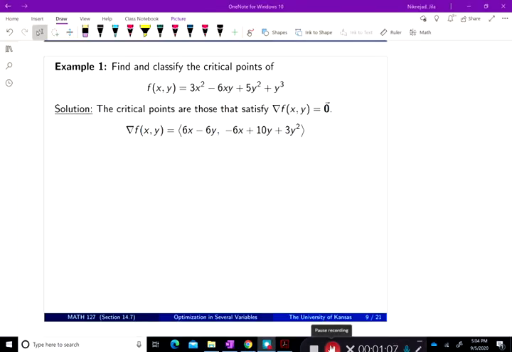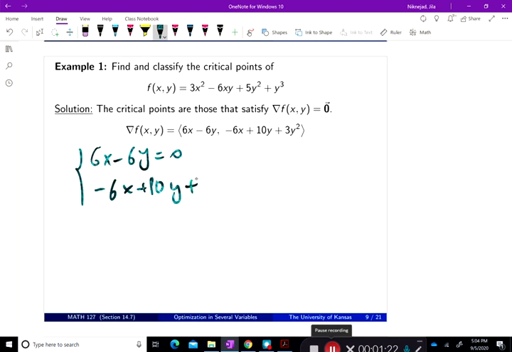Now that you know the gradient, the next step is to set each component, the partial with respect to x equal to 0, and the partial with respect to y equal to 0. Over here what you get is x is equal to y, and then from there put it back in here, replace x with y to solve.